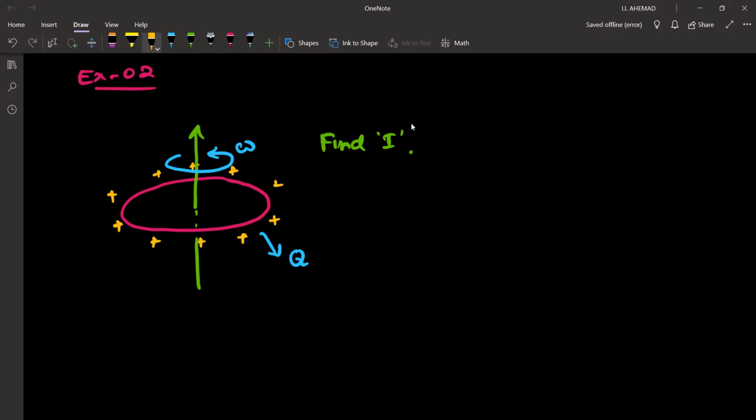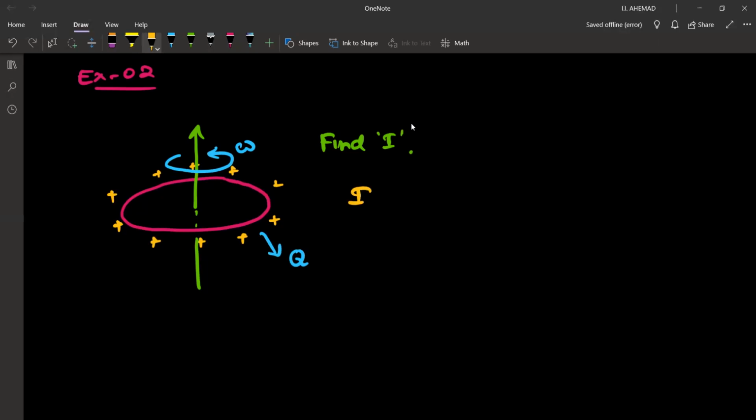What is the unit of current? That is Coulomb per second. So here we have Coulomb, but omega is radian per second. Then if I find something with per second and multiply them, I should get the current. What is per second? That's the frequency, right? So from omega, we have to find the frequency, and from frequency, if we substitute into the equation, we should get the current I.